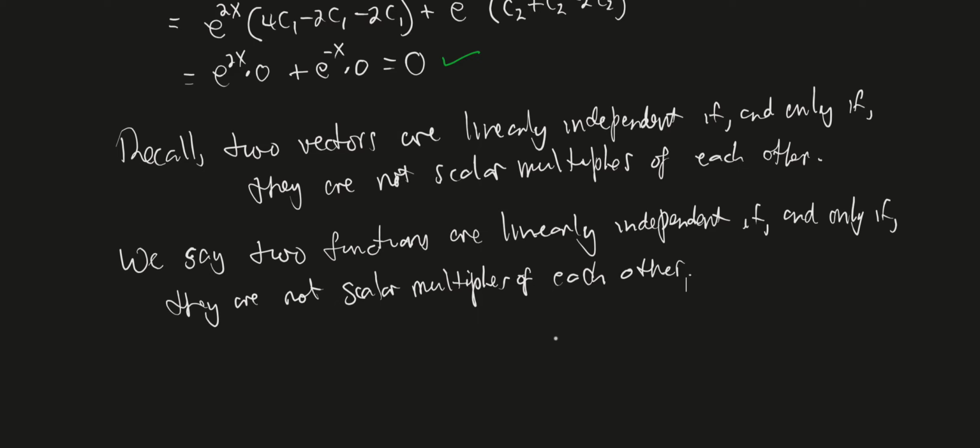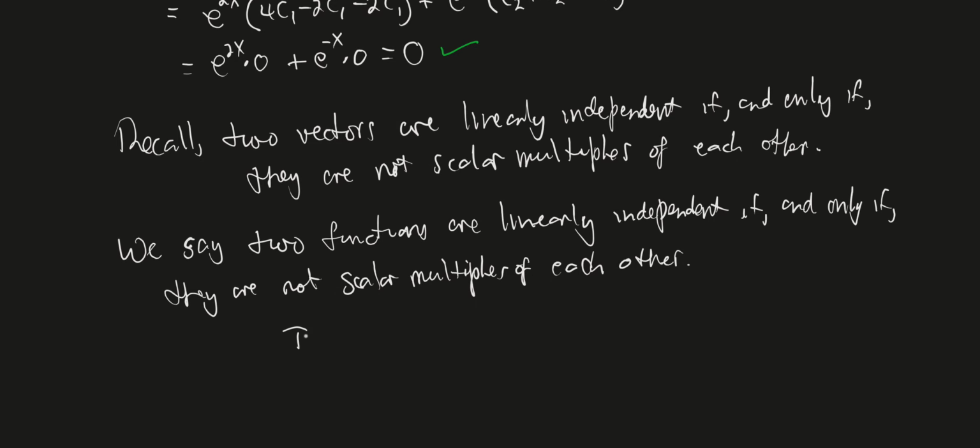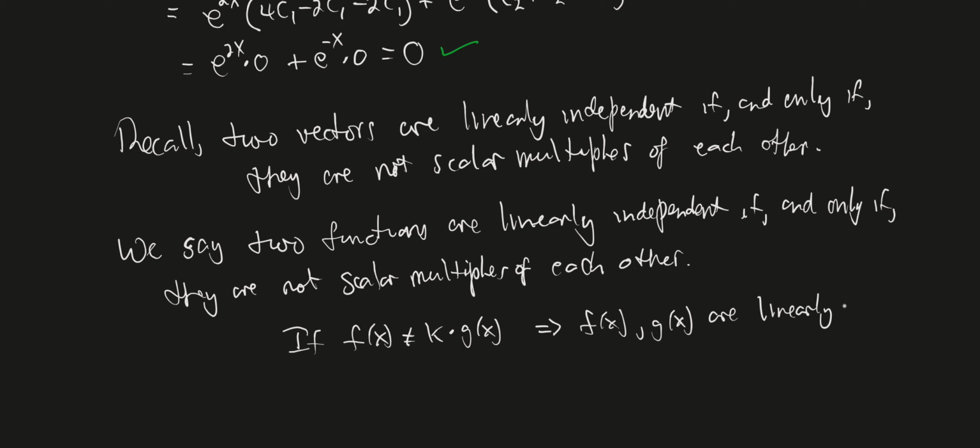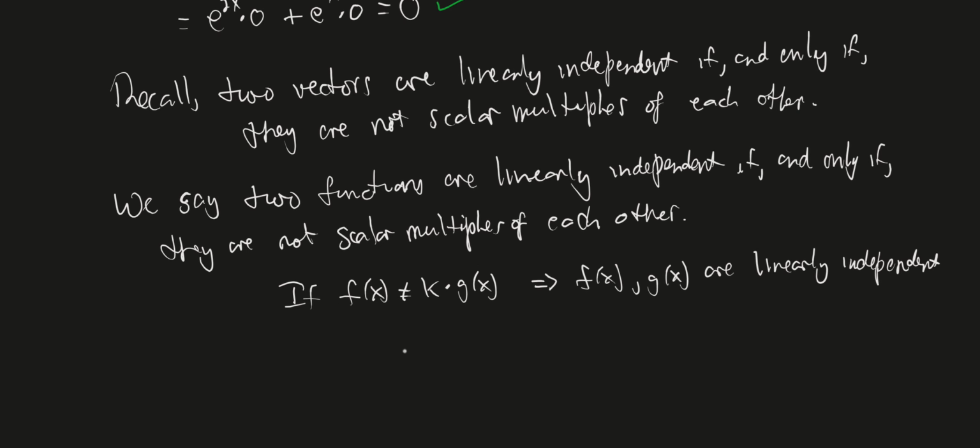So that means if one function is not a constant multiple of another function, then we can say f of x and g of x are linearly independent. And another way of saying this is that suppose I divided both sides by g.